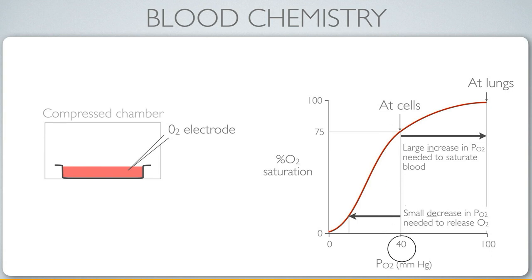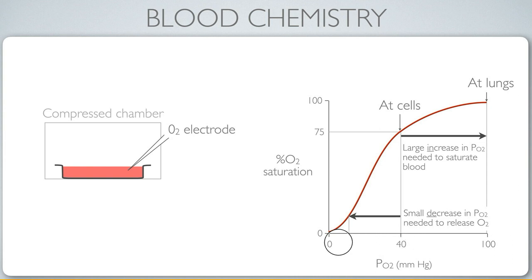So we're going from 40 millimeters of mercury to, I don't know, something like 10 millimeters of mercury. So that 30 millimeter of mercury difference is much less than the 60 millimeters of mercury that we see between 40 and 100. It's half.